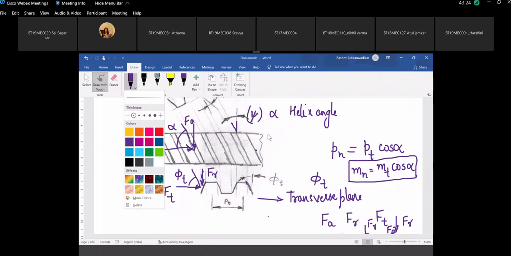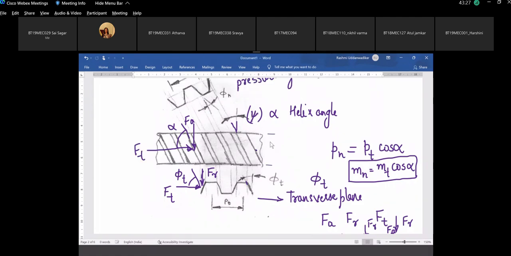In case of spur gear, the thickness B of the face width we are measuring here. Whereas in the helical gear, now this B is this.